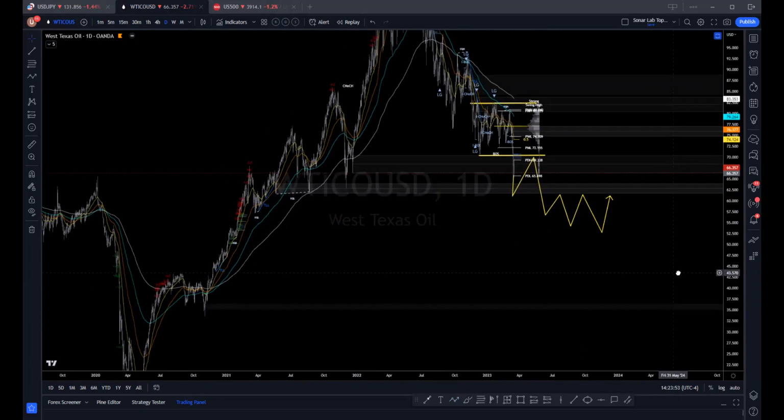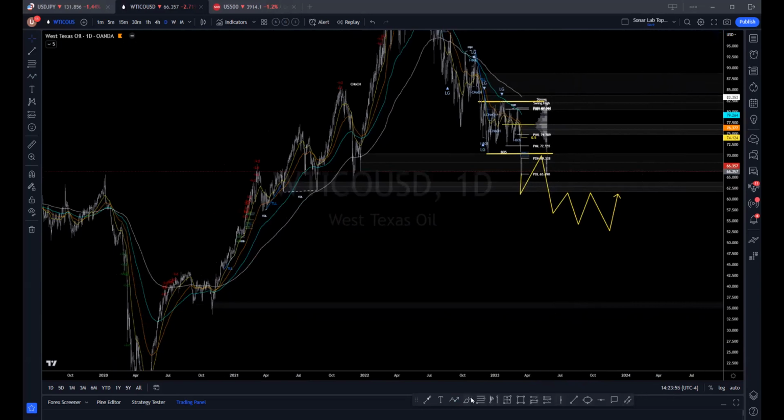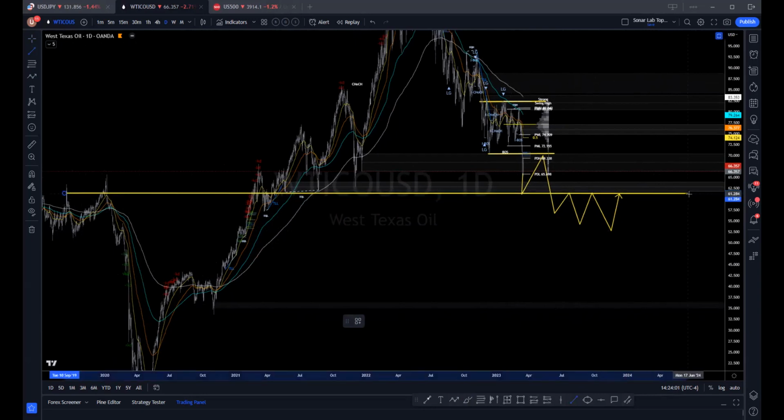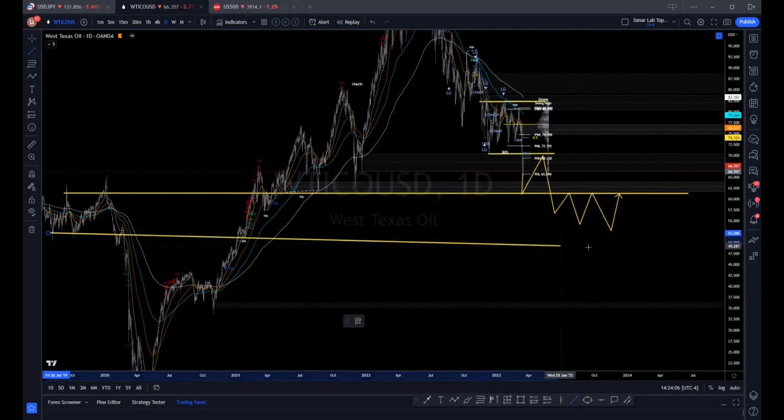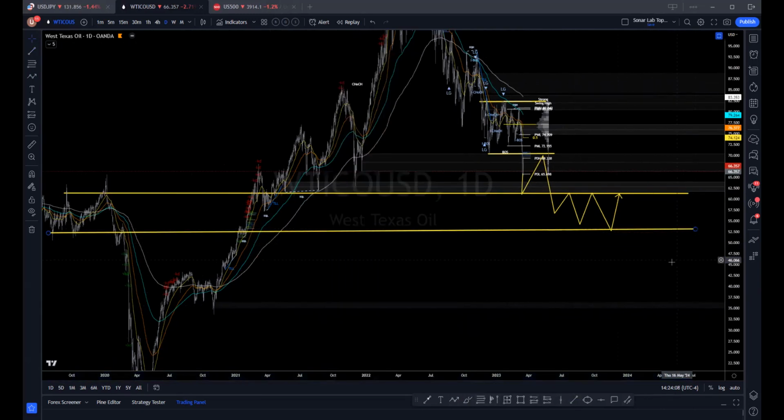I would need to wait for more development in the market, but as of right now, this is where I'm seeing. Okay, so that's good for oil prices.